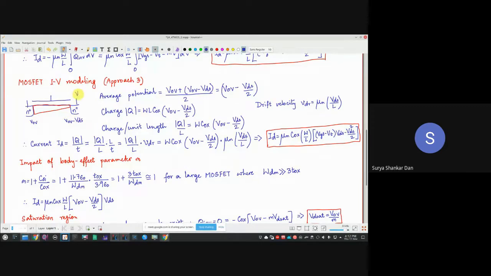So this is your VDS, this is your ground. Okay, now if you are thinking in terms of a perfect trapezoid, a trapezoid means that this is a straight line, right? So that means it is a perfect case of gradual channel approximation, the way I have told you.